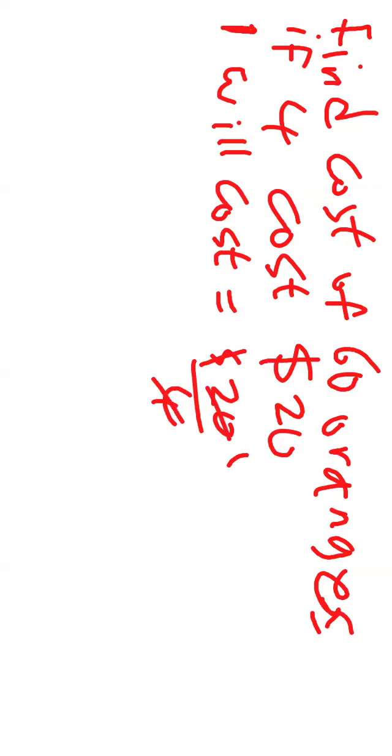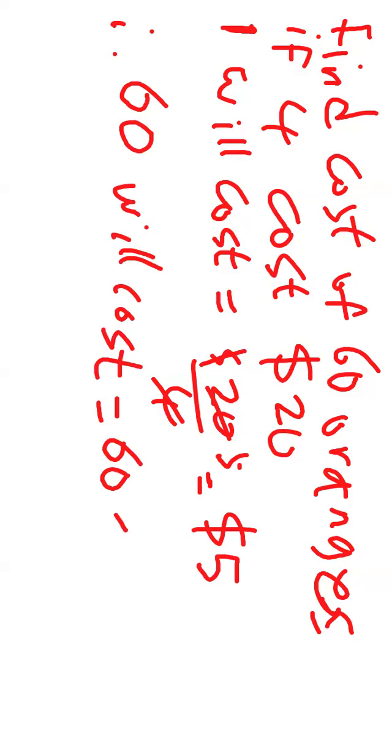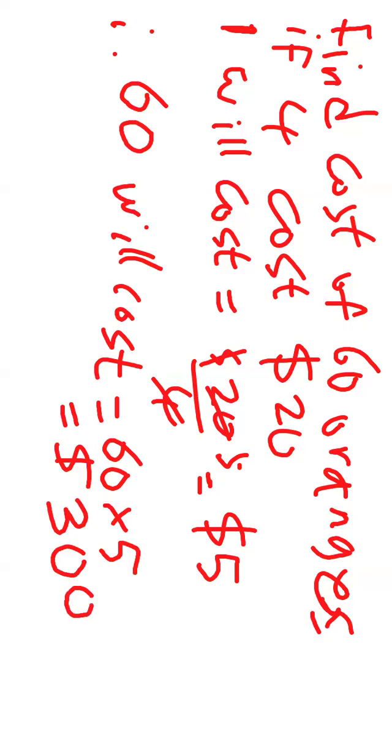Which is 5. Then now that we know what 1 costs, we can say therefore 60 will cost 60 times 5, which equals 300, right? Yes. Okay, that will be $300.